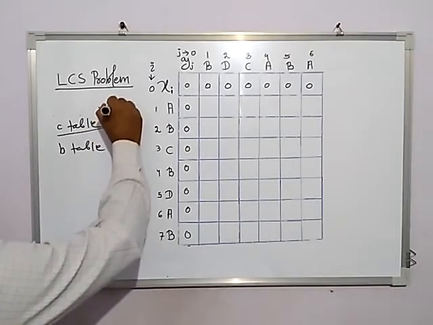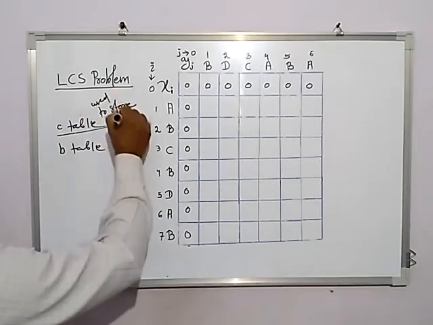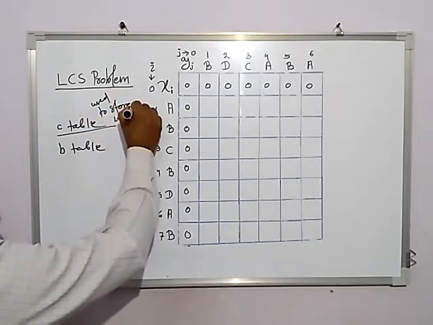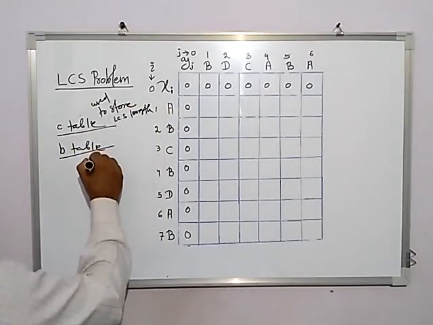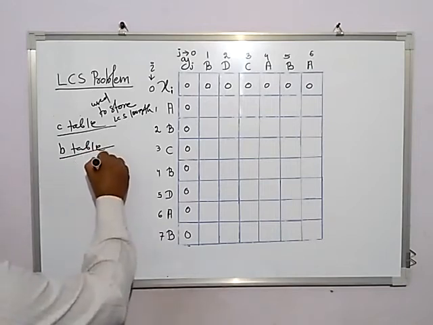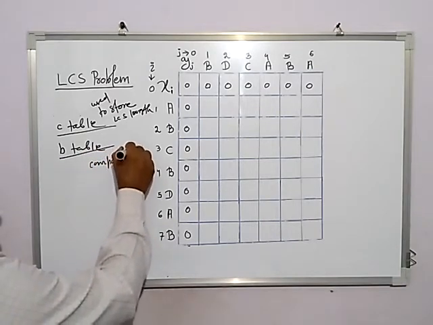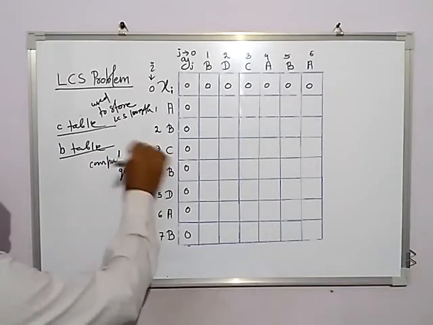And the B table is used to compute the LCS quickly. That's why we use two tables.